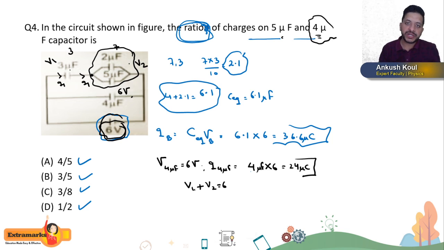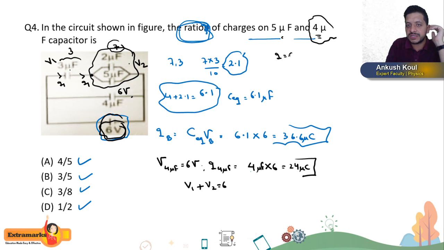This is called the potential divider method. So V1 plus V2 is equal to 6. V1 and V2 are in series with each other. Do you agree? This 3 microfarad capacitor and this combination 7 microfarad capacitor are in series with each other. When they are in series, the charges remain same.